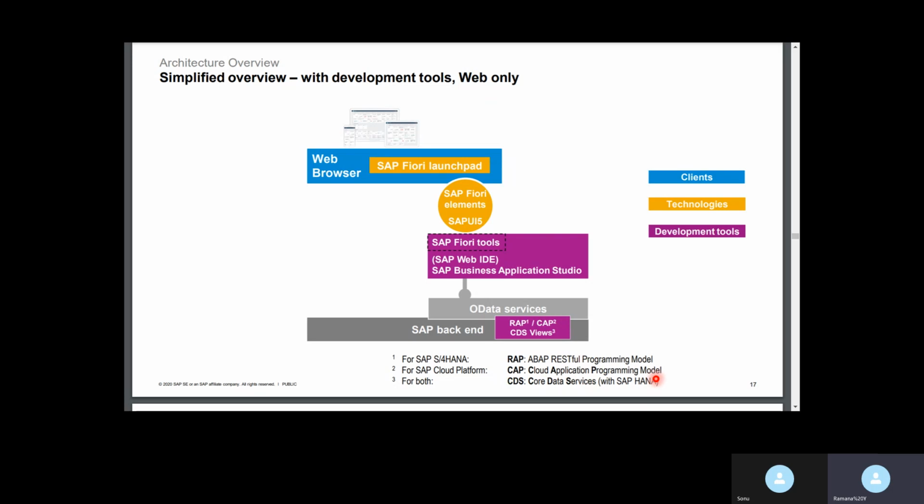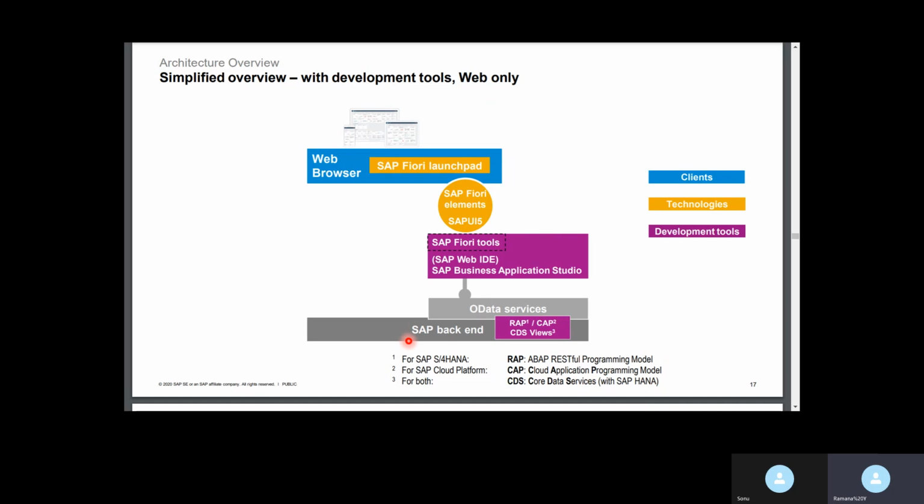SEGW is the on-premise way, and using these newer ways you can create everything on the cloud. Previously we used to have Access OData, which was for when you have an underlying HANA database and HANA system; that was also a way to generate an OData service. It is about how we expose this backend data.